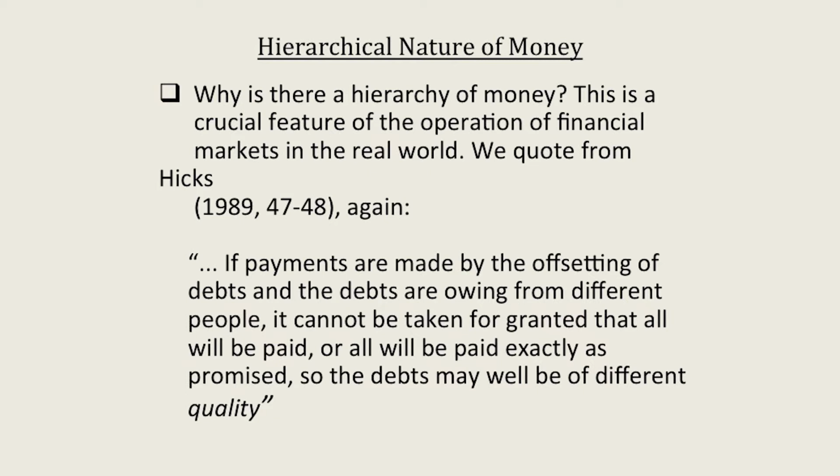So the debts may well be of different quality. And so you get this hierarchy of debts, from base money, commercial bank money, all other promises to pay, because the debts are of different quality. And using very standard notation, this is like the top end of the pyramid, so to speak.